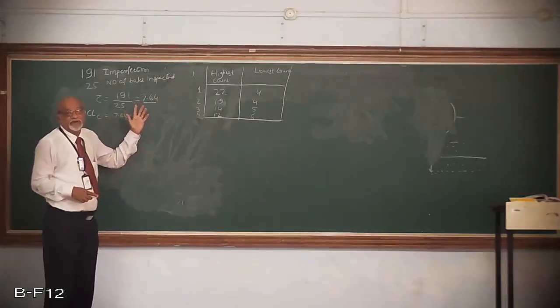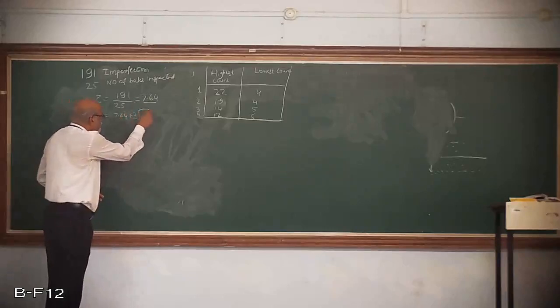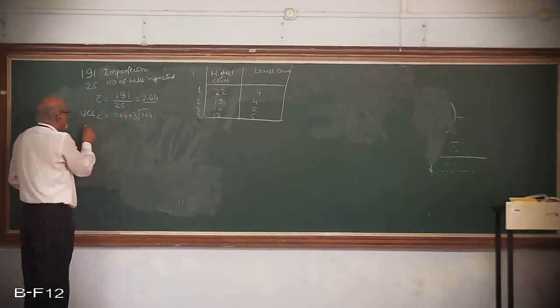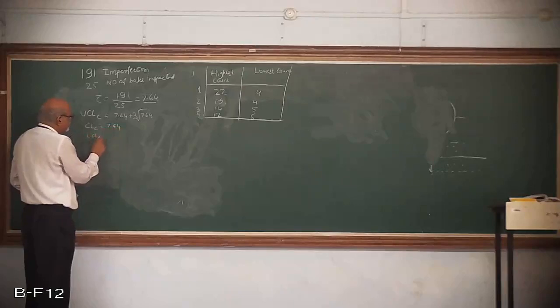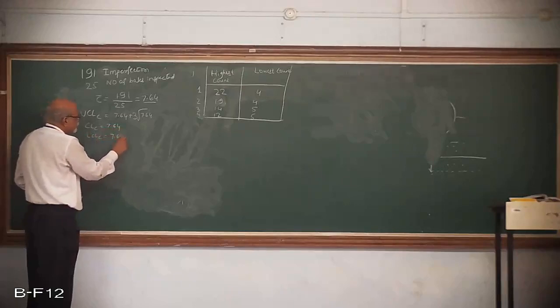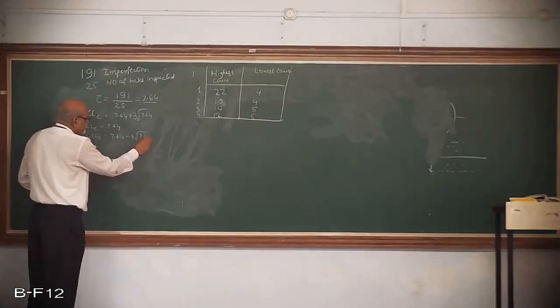Now he says 3 sigma control limits, so that is 3 into the square root of 7.64. Central line, we know it is 7.64. Lower control limit is 7.64 minus 3 under root 7.64.